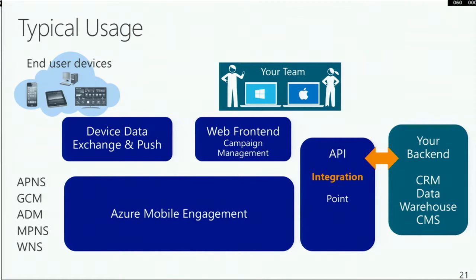So if we draw the entire picture, a typical usage will be, once you have integrated, either your team through their browser, creating ad hoc campaign, looking at behavior, creating segments, etc., or for all these use cases that make sense to automate with an existing CRM system, a data warehouse, a content management system, etc., you can automate completely the engagement process.